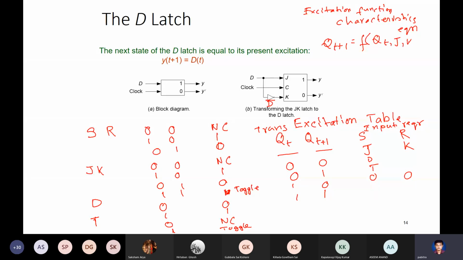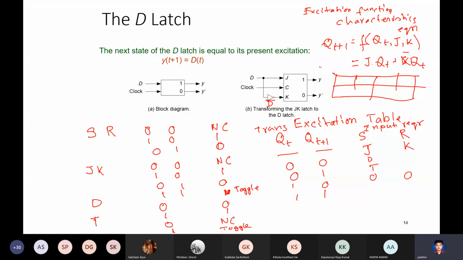Let's say J and K are the inputs. This can be either an expression, say J times Q t bar plus K bar Qt, or it can be a Karnaugh map.